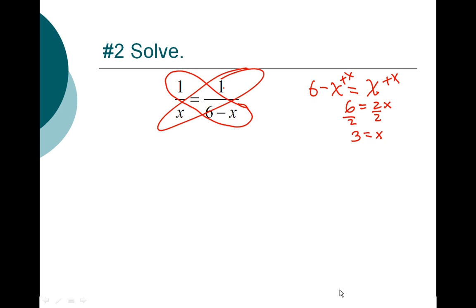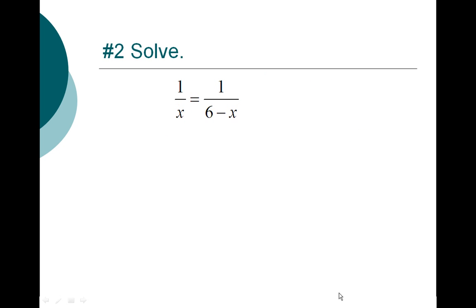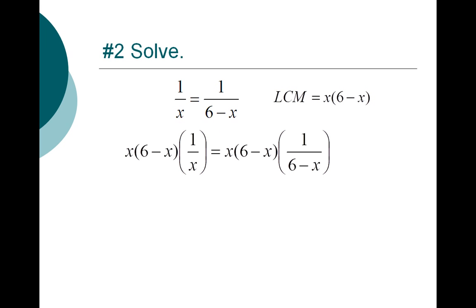Or you can find the LCD and multiply by the LCD. So what is the LCD? x and 6 minus x, so it must be both of these. So let's multiply both sides by x times 6 minus x.